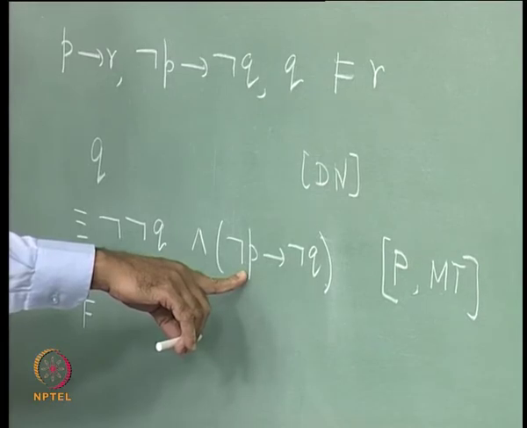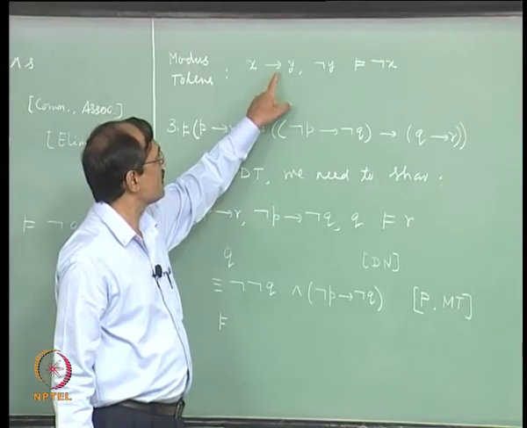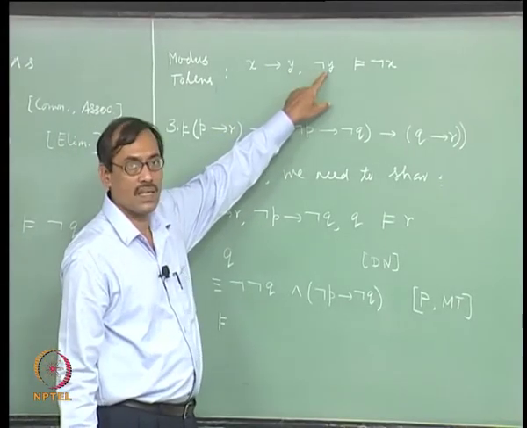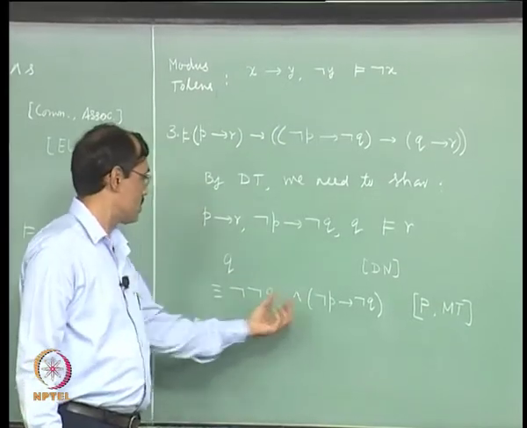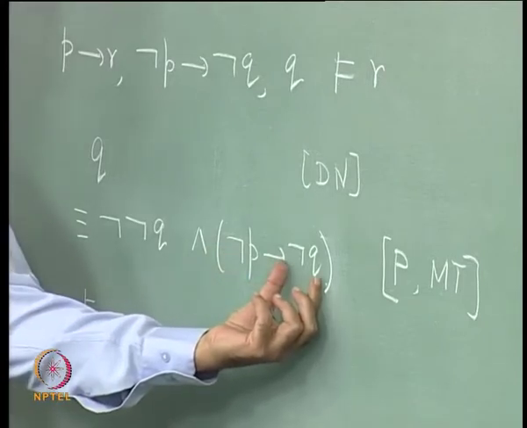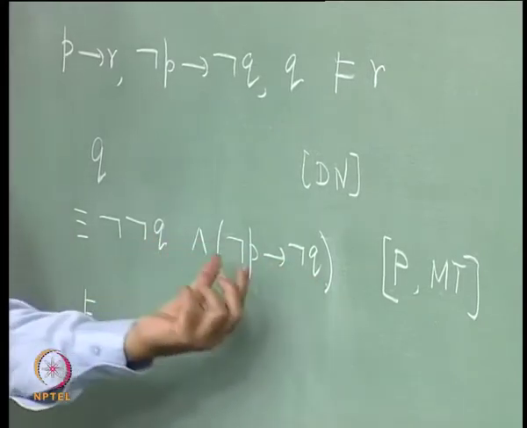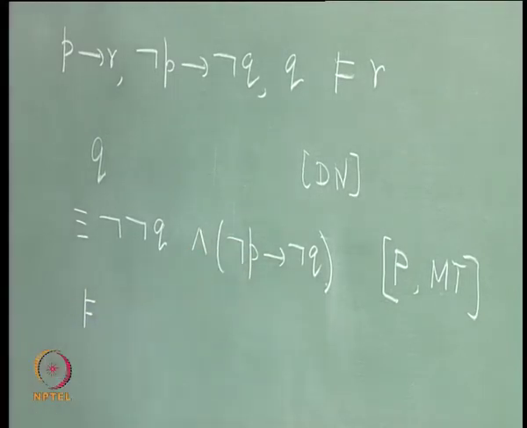Not P. Negation of that. Look at modus tollens, it says x implies y, not y entails not x. So, this is your x, not P, y is not Q. So, not y, x implies y, that gives not x. So, not P.